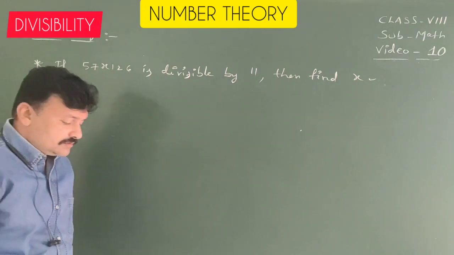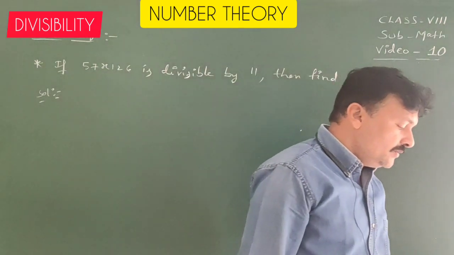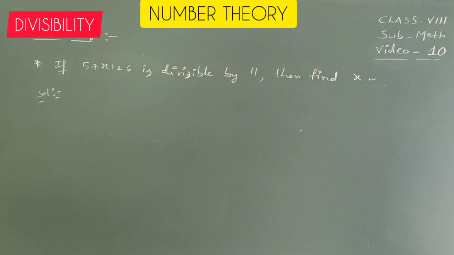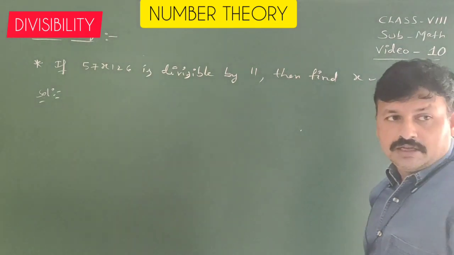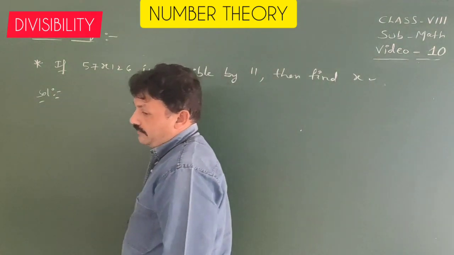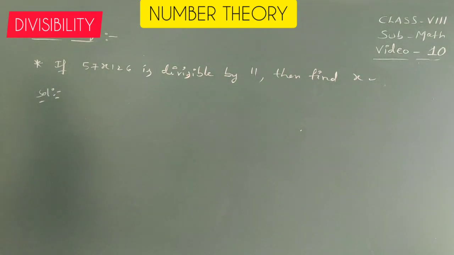If the difference of the sum of the even place digits and the sum of the odd place digits is 0 or a multiple of 11, then the number is divisible by 11.